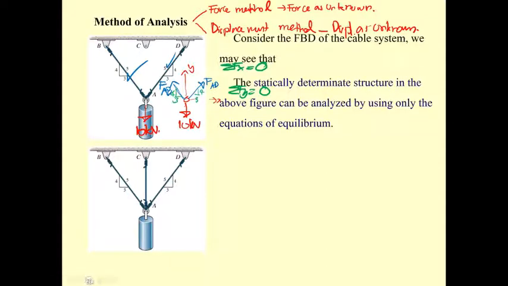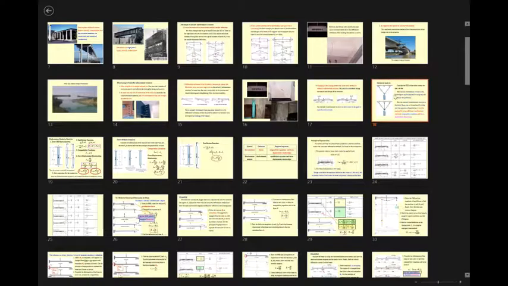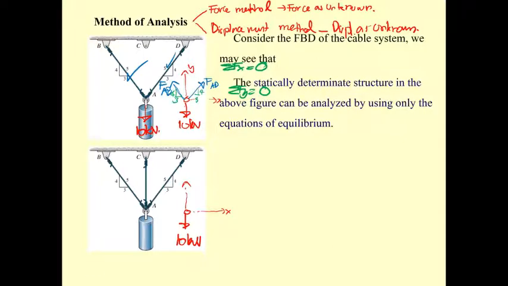However, when you come to this one, this problem has 3 cables. Under the 10 kilonewton force, we have 3 unknowns: F sub AB, F sub AC, and F sub AD.